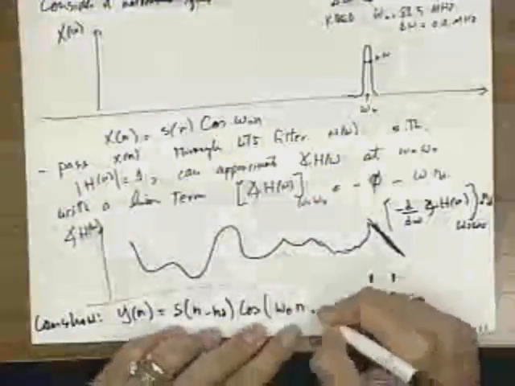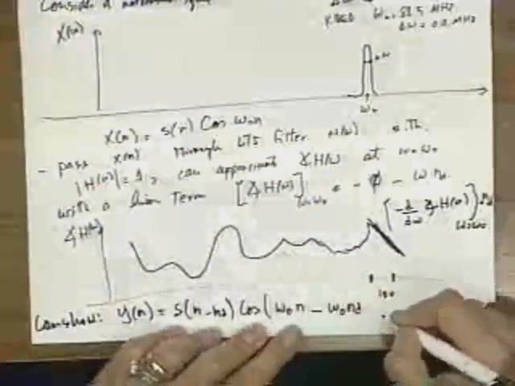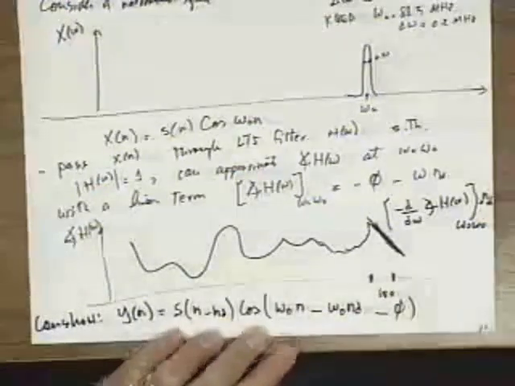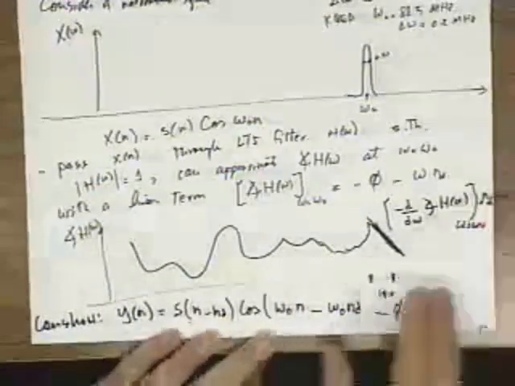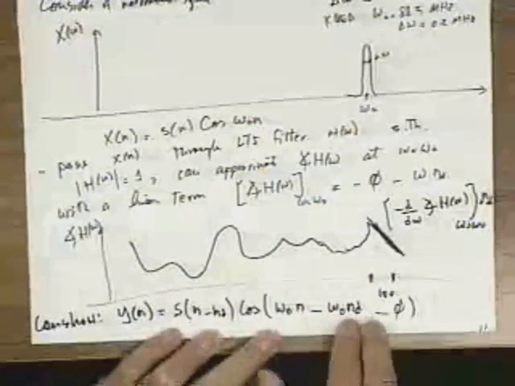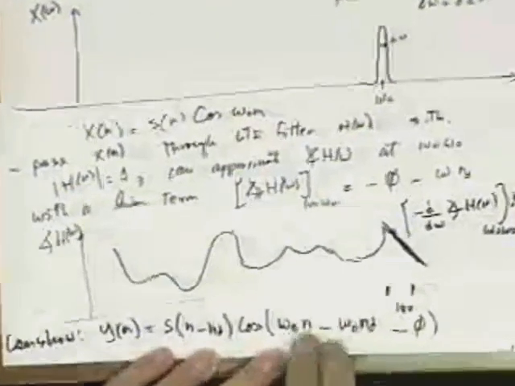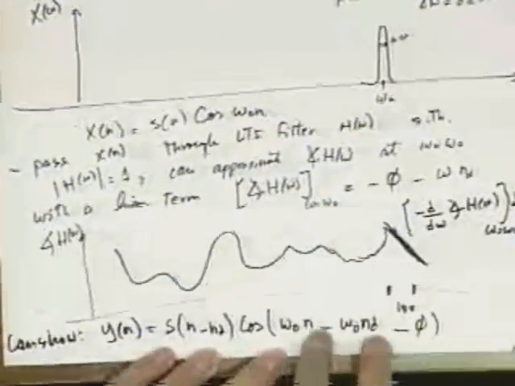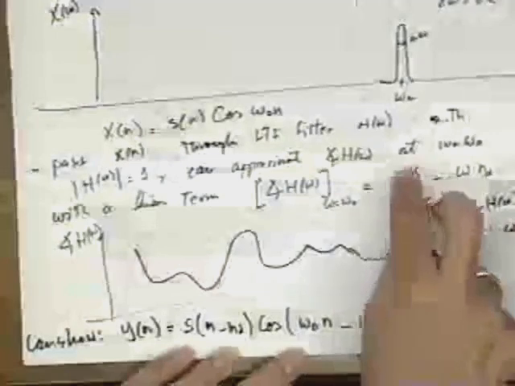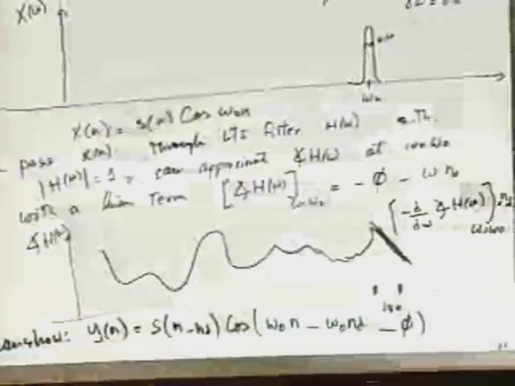It will be s of n minus nd times cosine of omega naught n minus omega naught n sub d minus phi. Okay? So all this really did is delay, if you replace n with n minus nd, which is the delay element, and then a minus phi because this is a constant term here. Okay?